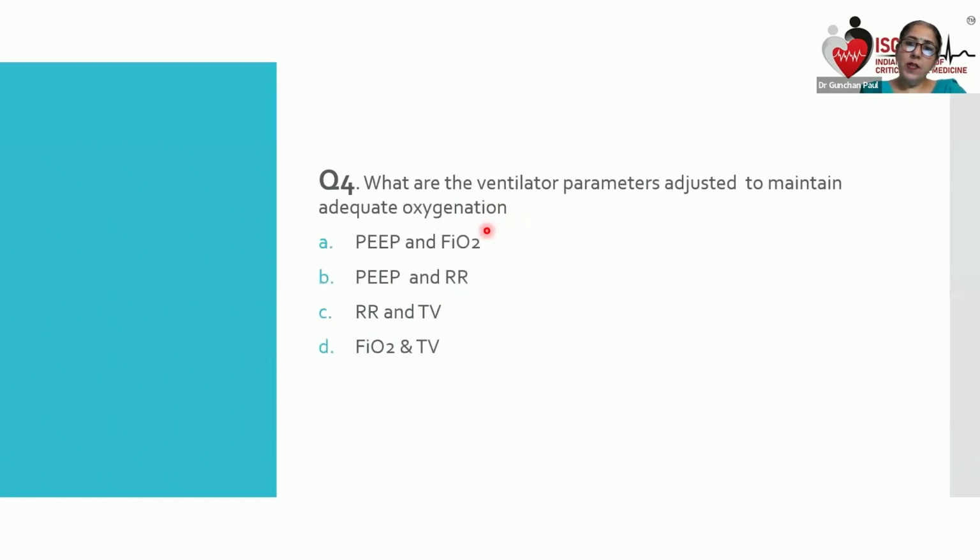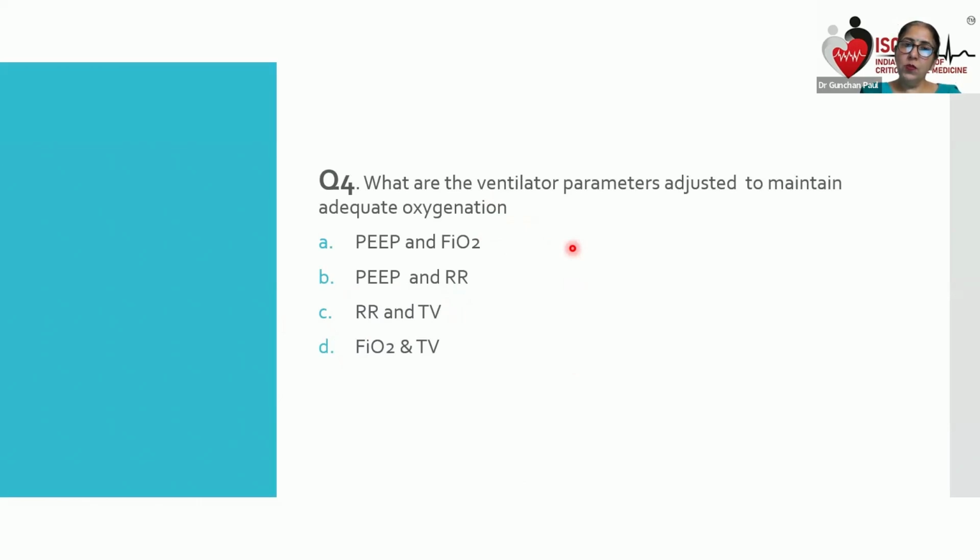These are the basics. If you understand this, then it will be easy for you to understand the mechanical ventilator, what it is doing. And what are the ventilatory parameters adjusted to maintain adequate oxygenation? When we want to improve the oxygenation of the patient, what should be adjusted? What should be your initial response?